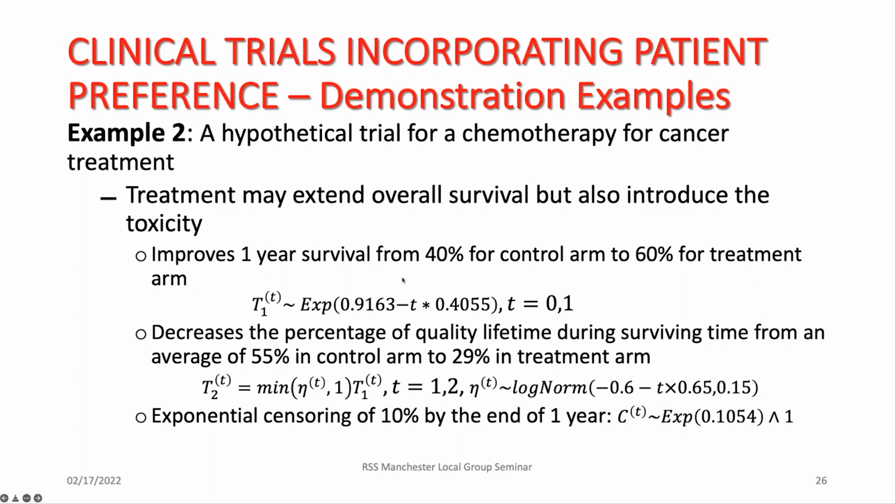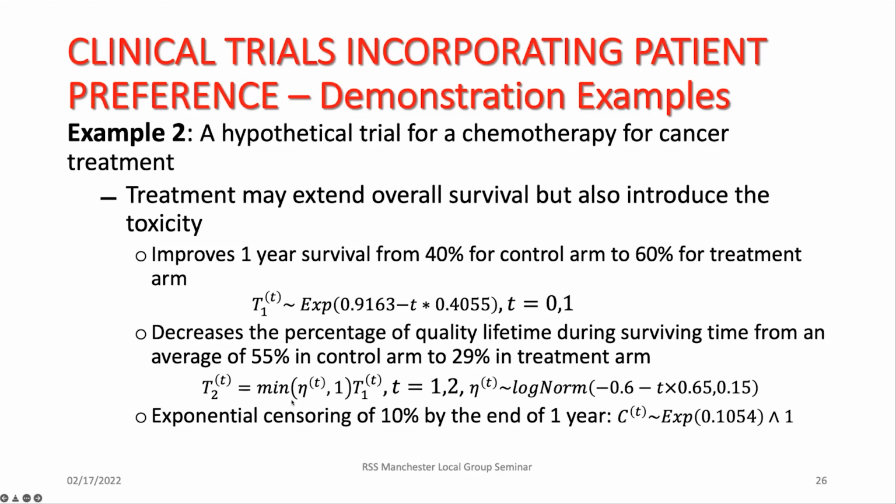Assuming the survival function follows an exponential distribution, and because of the toxicity relevant to the treatment, the proportion of survival time that the patient is in a nursing home or has poor quality of life is 50% of the survival time versus 29% in the control arm. Oh, the poor quality of life time is 55% of time in the control, 29% in the treatment. So in other words, you live longer, but you don't have longer quality of life.